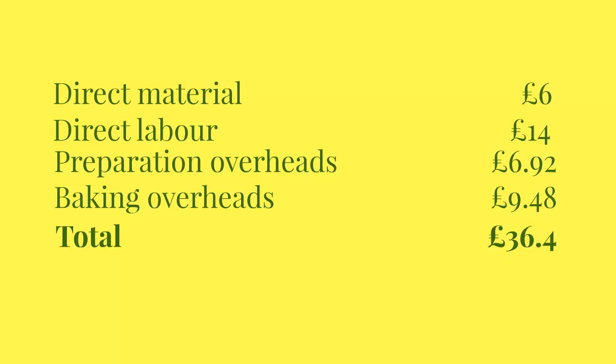So a very, very expensive pie. So probably we need to charge a very high price for it. And that's the whole point of costing. We work out the true cost of creating our pie once we take all our overheads and apply them to the cost of production. So we know that we need to sell our pies for more than £36.40 in order to cover all our costs and make a profit.